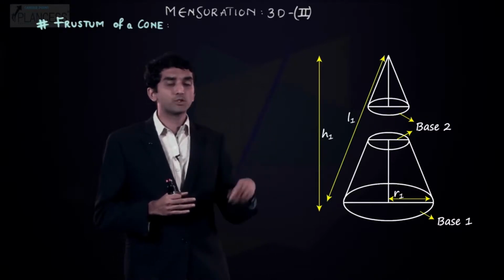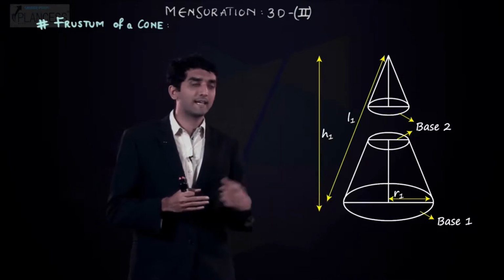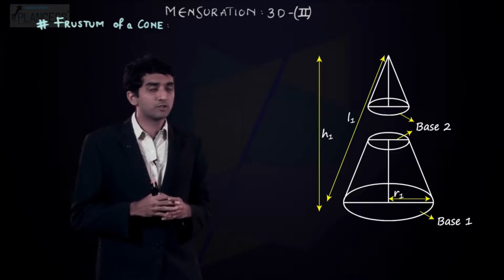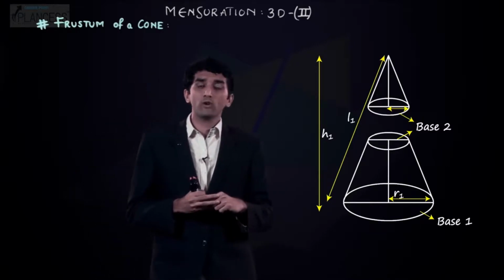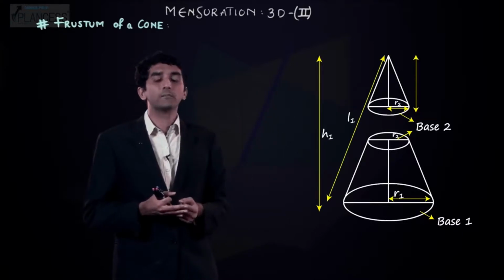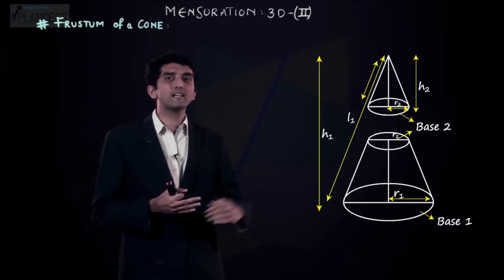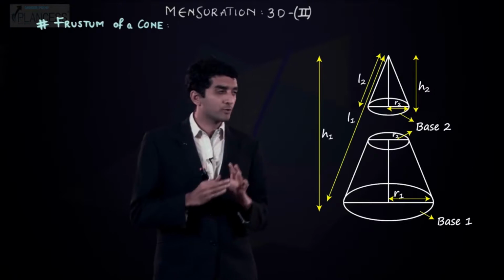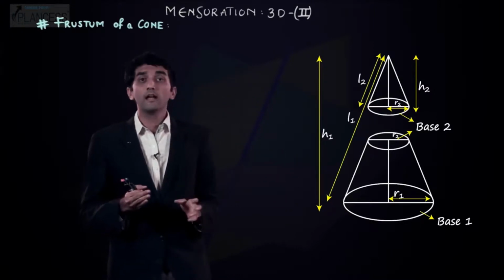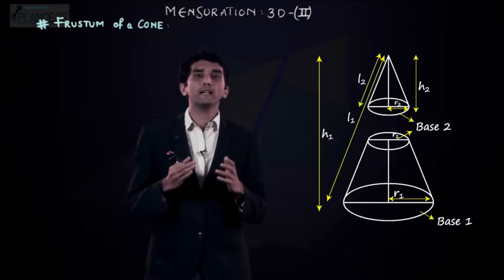This height is H1, this slant height is L1. Now for the smaller cone, since we called the base as base 2, let the radius of that particular base be R2, let that height be H2 and let that slant height be L2. So these are the entities that we have defined: R1, H1, L1 and R2, H2 and L2.